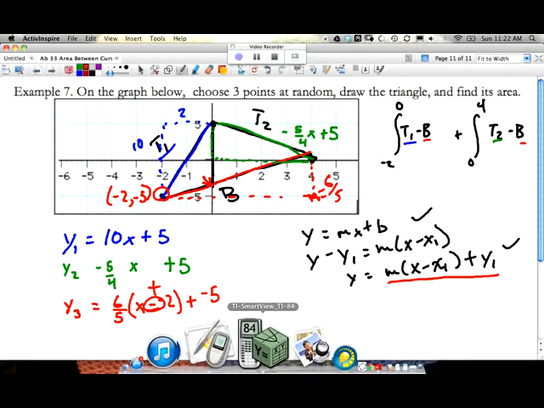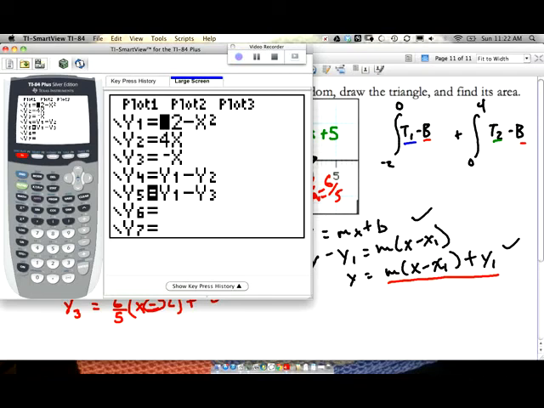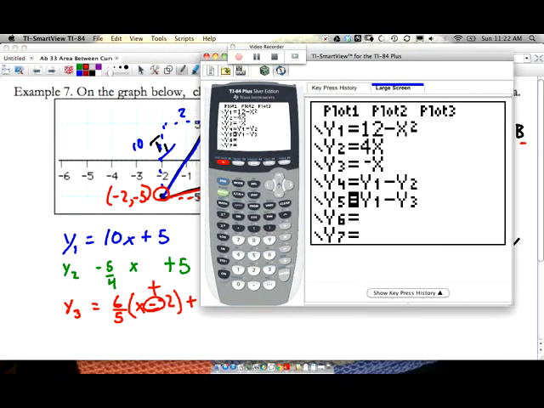Let's type those in and calculate them. Simple, easy, super fast. So y1, what did I choose as my y1? That's 10x plus 5. And for the y2, that would be negative 5 divided by 4 times x plus 5.